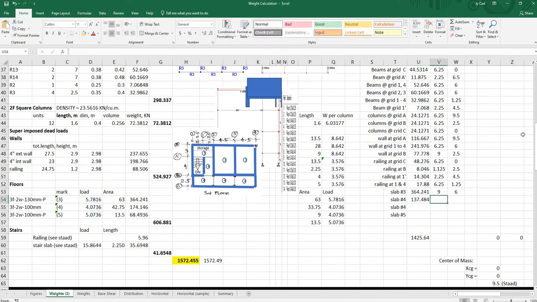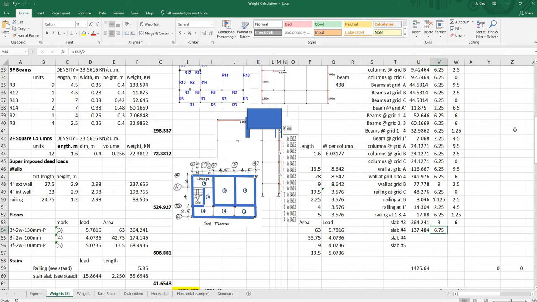And then the centroid would be acting at 13.5 divided by 2, 6.75, and this is 2.5 divided by 2.